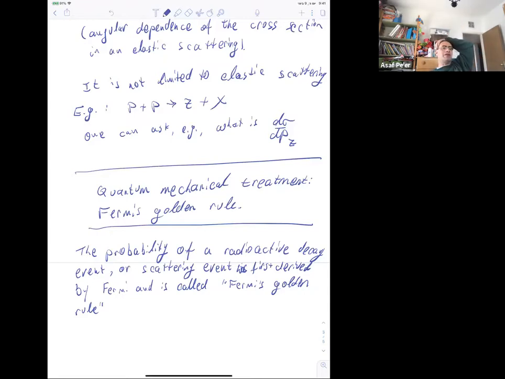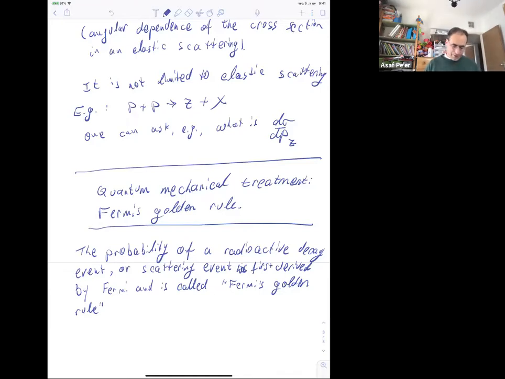I will give you all the rules for how to derive it in quantum field theory, but I definitely would not be able to discuss it in this course because that requires deeper knowledge of quantum field theory. So it's one of those cases where I give you the outcome, so you know how to do it, but to get the full derivation, you have to learn quantum field theory first.